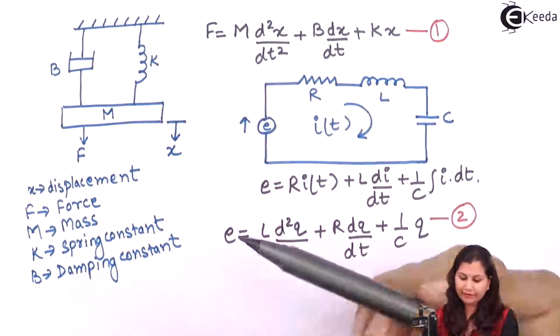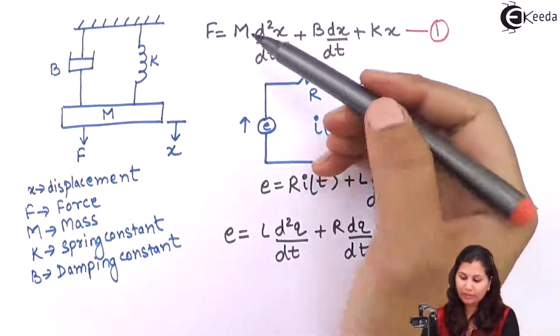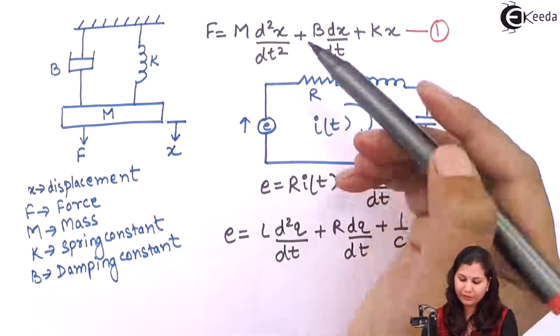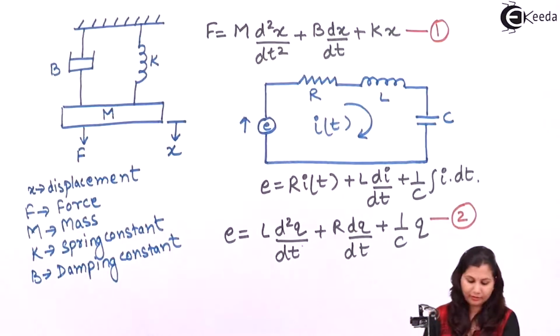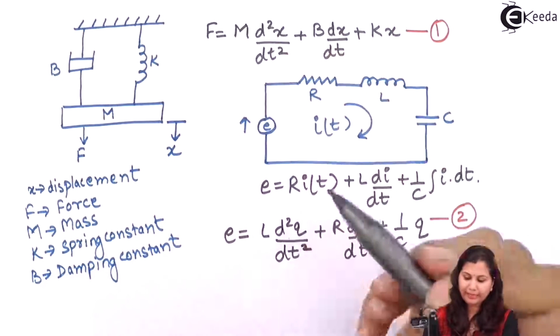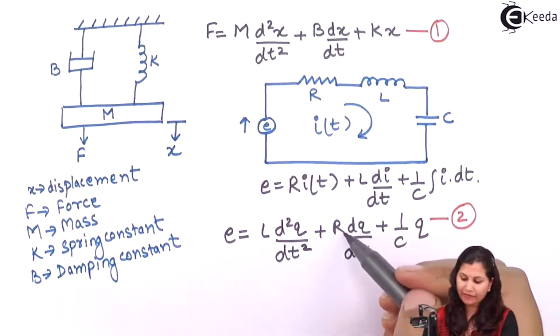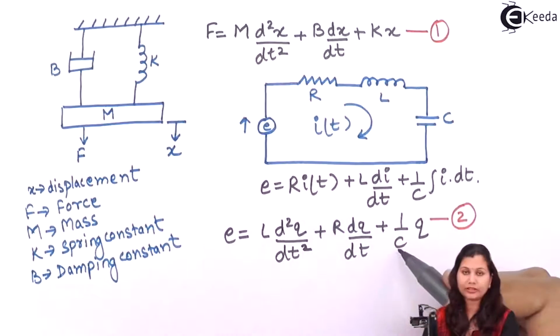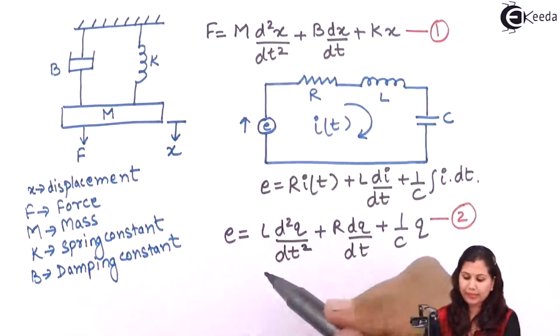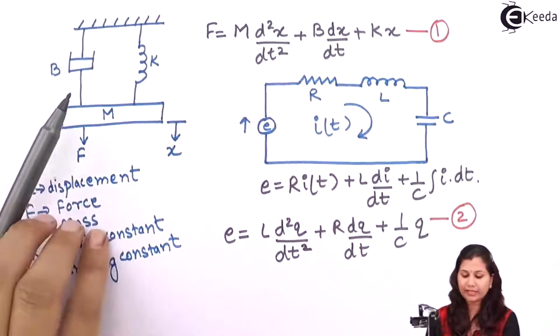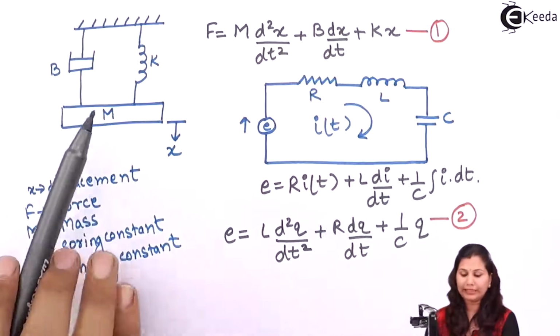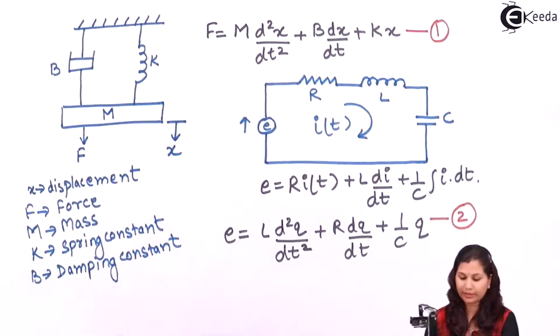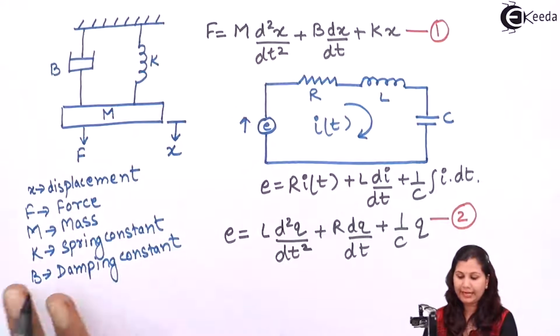You can see that F is equal to the voltage. Here M d2x by dt square, we have d2q by dt square, so we will replace M by L. Here R and B are equal, and here we can replace K with 1 by C. So just by replacing these variables, we will get the electrical analogous system for this mechanical system, and in this way we can find out the analogous systems.